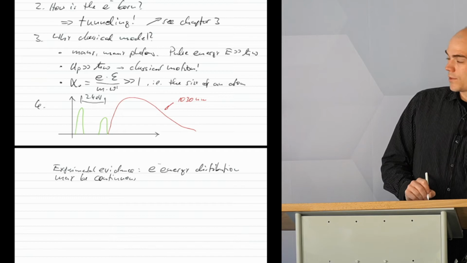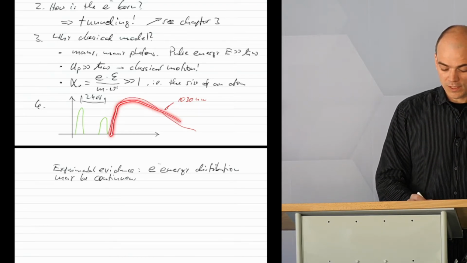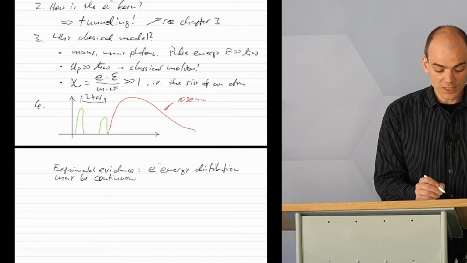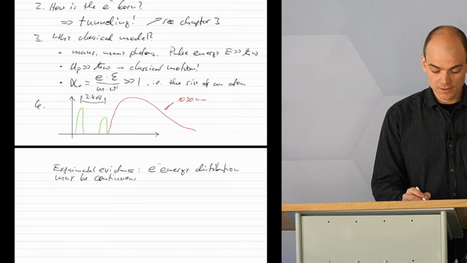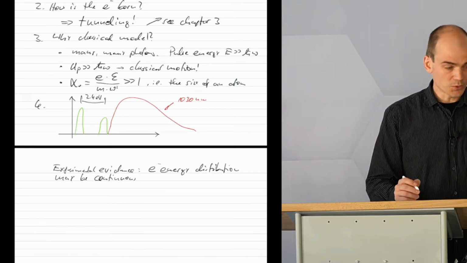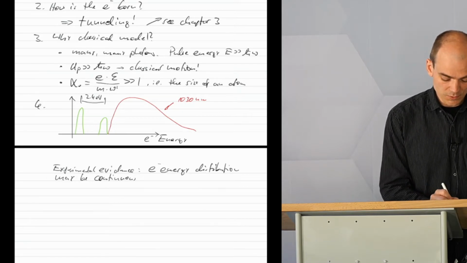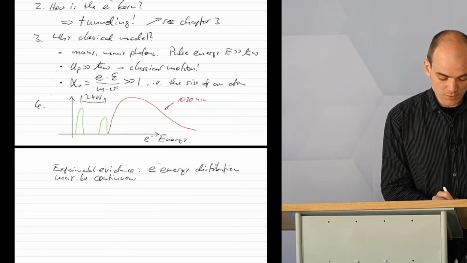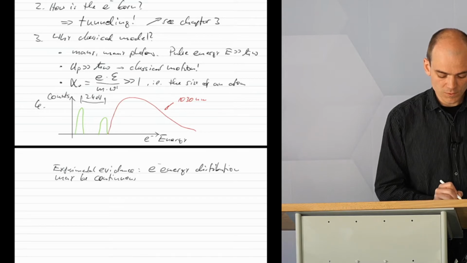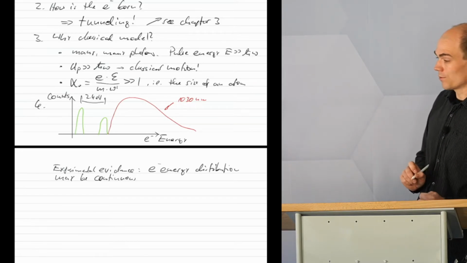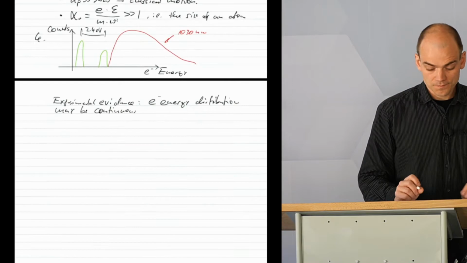In this electron spectrum, there isn't really any sign of quantum effects such as the photon energy. Here this is electron energy, and this is the photoelectron counts.